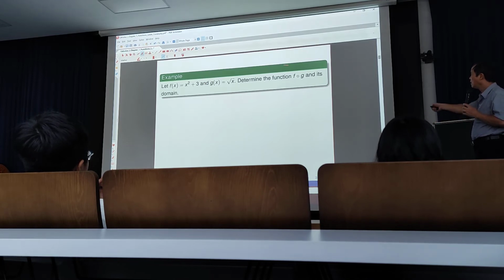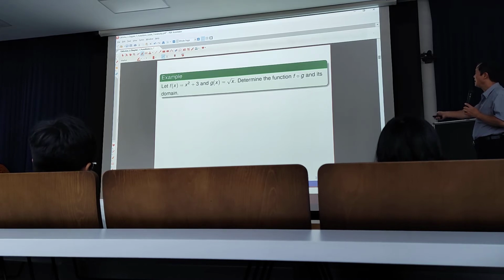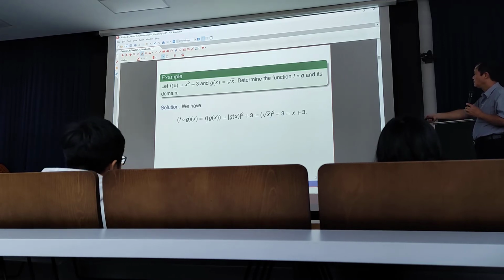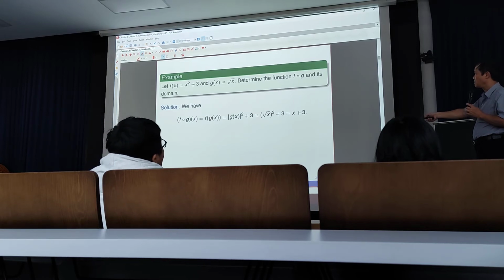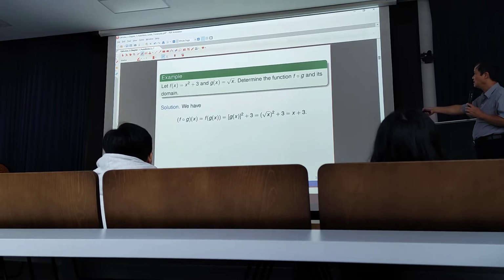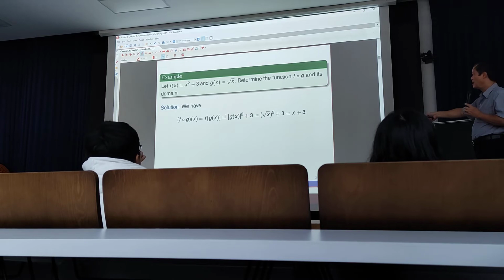So, how about the composition of f and g? Starting with g inside first, f of g means g squared plus 3. And g now is the square root of x. Squared means that you have x plus 3. This is the composition of f and g.